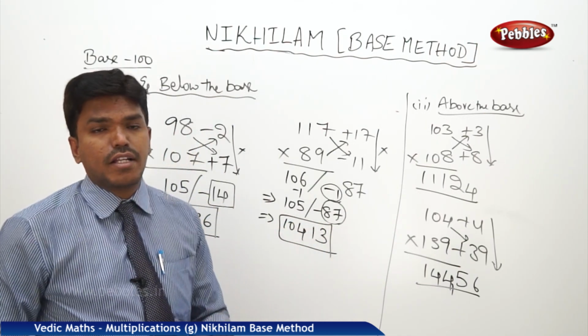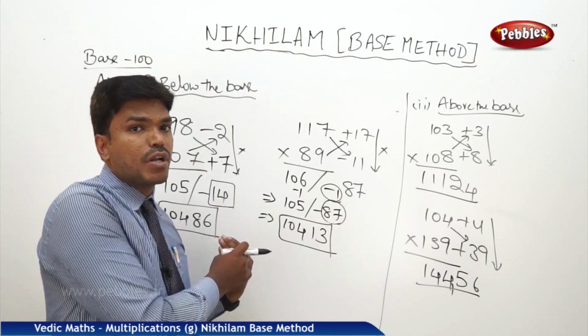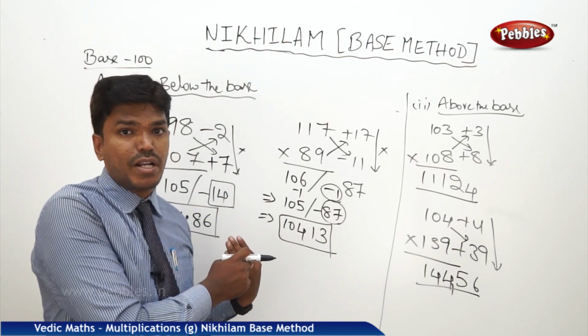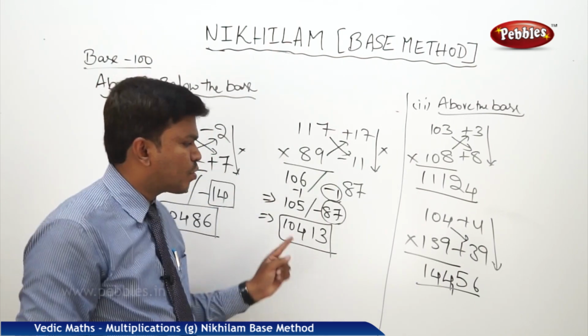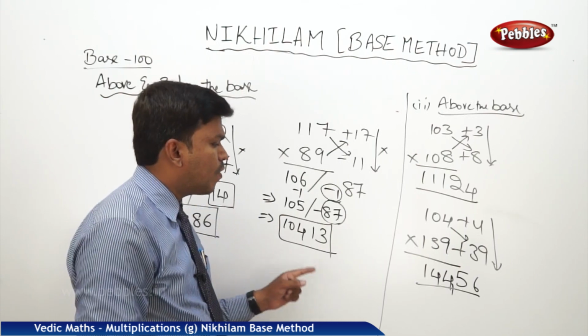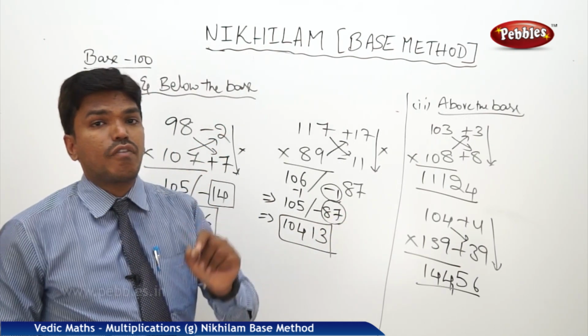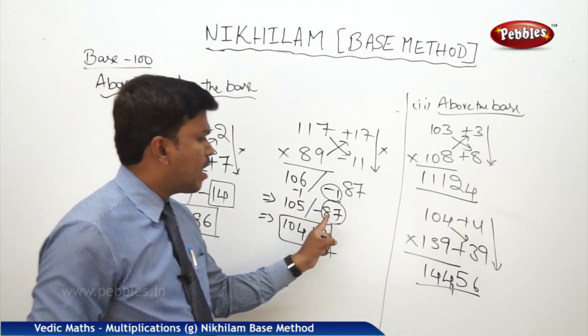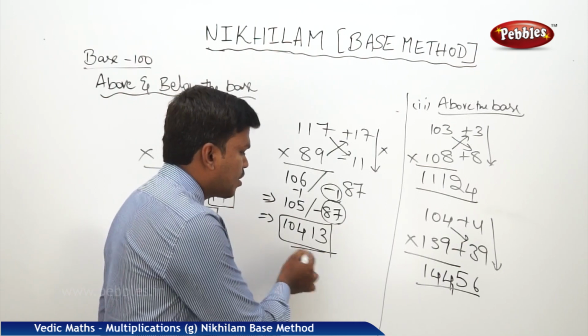And what is the other step? Since there is a minus symbol, we have to reduce the left side part of the answer by 1. So 105 is again decreased by 1 and becomes 104. Now the right side part, which we get by applying all from 9, last from 10, is 1, 3, which is the complement. So this will be your answer.